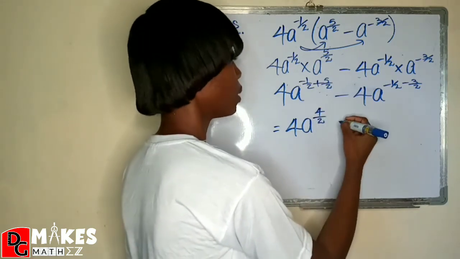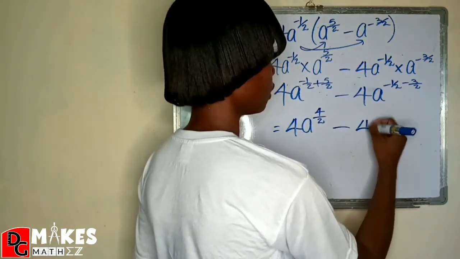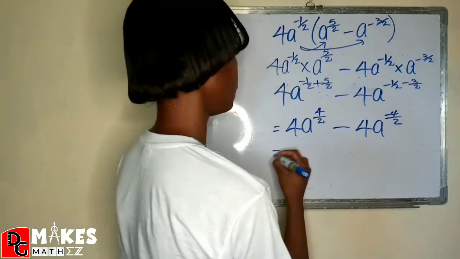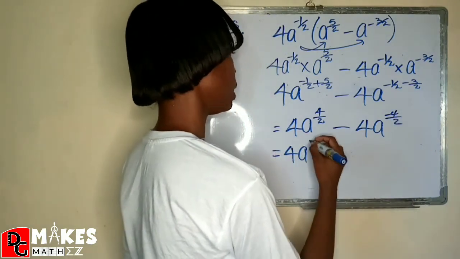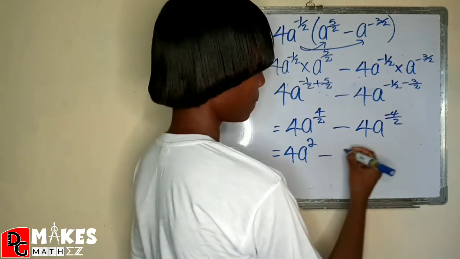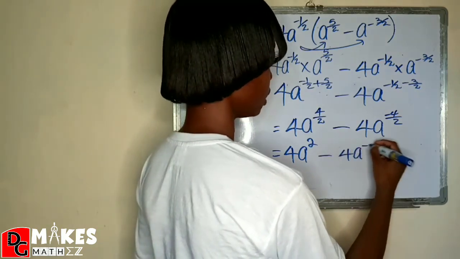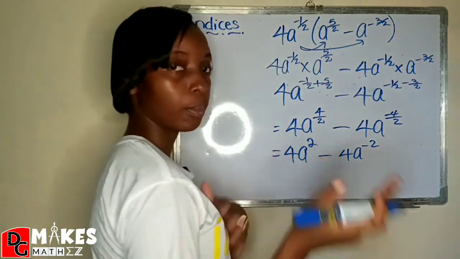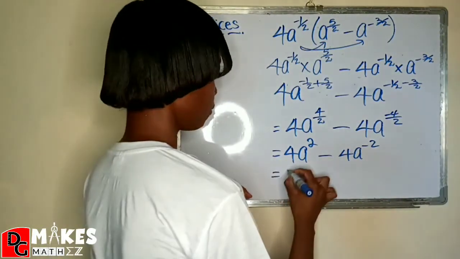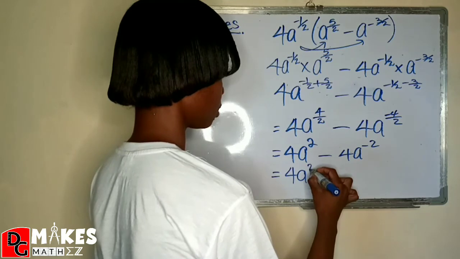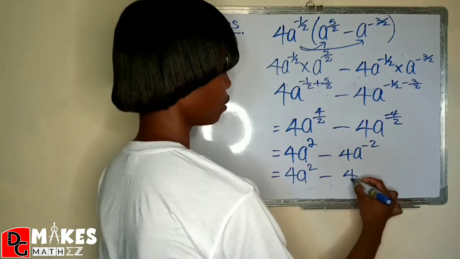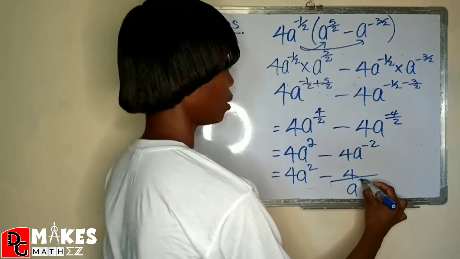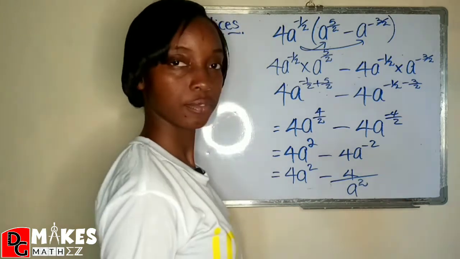So we get 4a squared minus 4a to the -2. And we should leave our answers with positive exponents. So the final answer will look something like this: 4a squared minus 4 over a squared, moving the a and changing the power to positive.